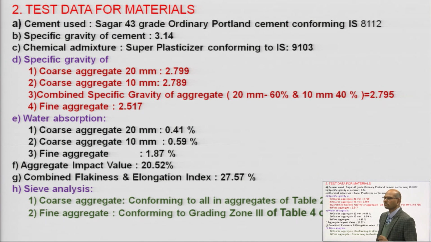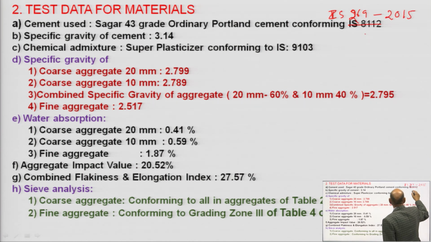Once we get the material from the field to the lab, we have to go for the testing. Okay. So, what are the tests we have to do? Cement used: we have 40 grade ordinary Portland cement conforming to IS... sorry, now this is not required. Previously I have discussed IS 269:2015 code.